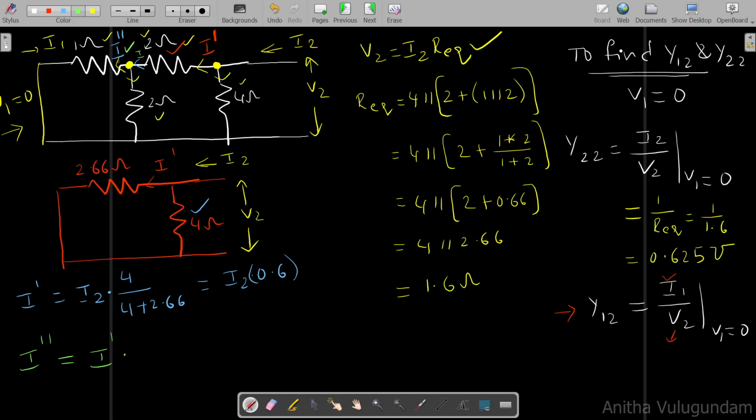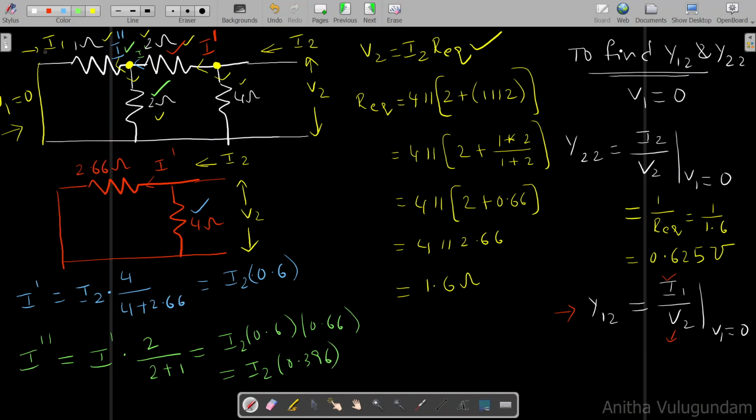So I dash into opposite branch resistance 2 divided by total resistance, that is 2 plus 1, where I dash is equal to I2 into 0.6. And this 2 by 3 becomes 0.66 as well. This will become I2 into 0.396.